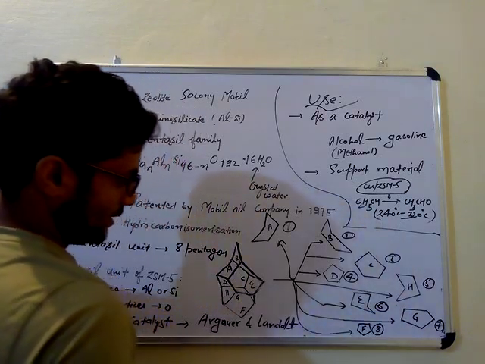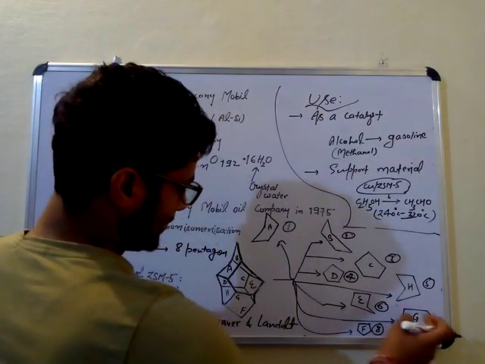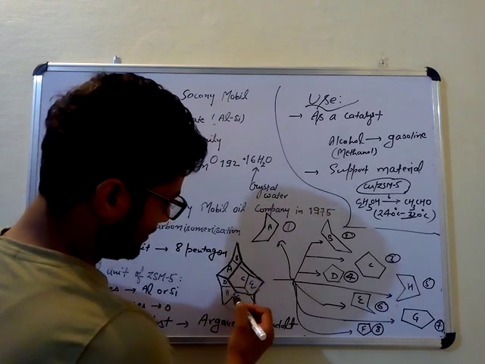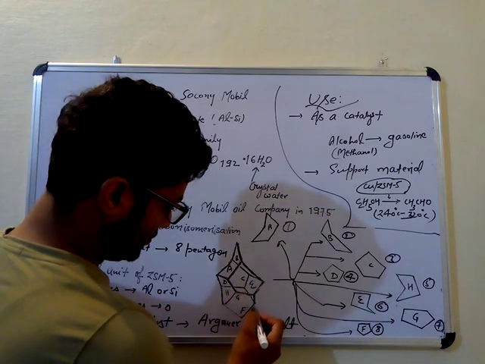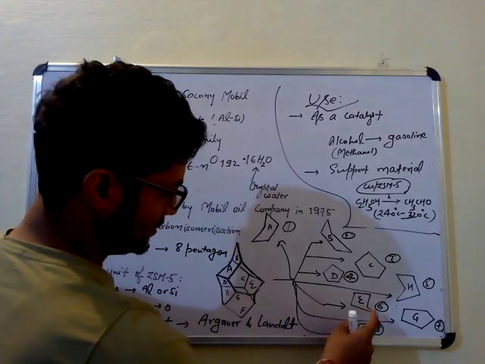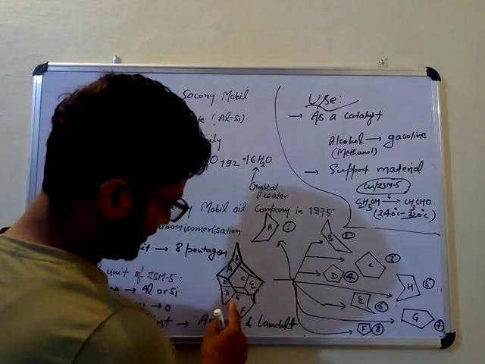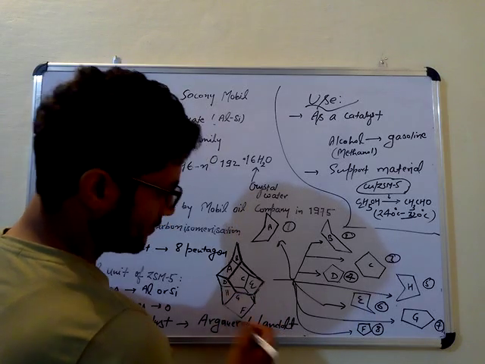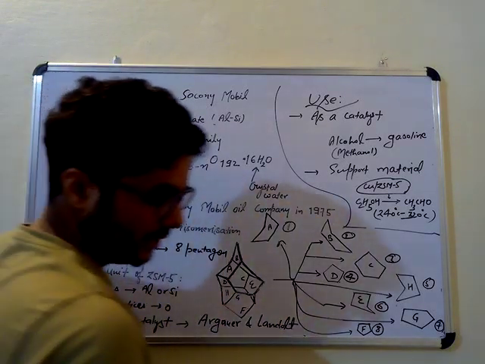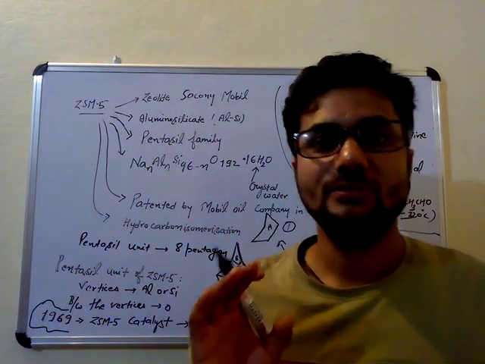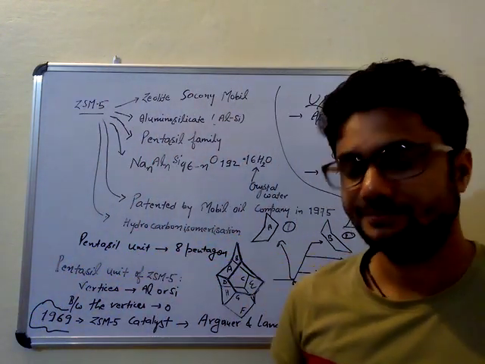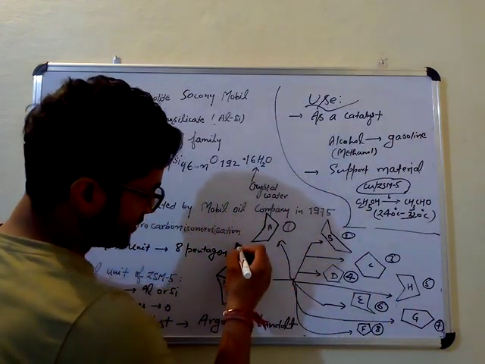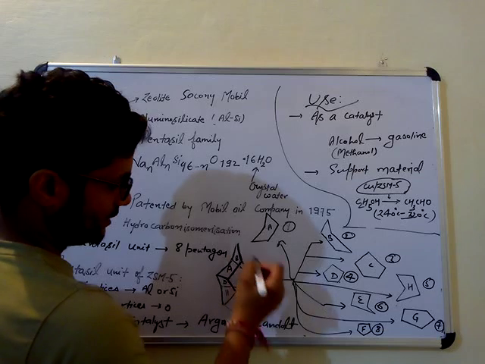Now there is the 7th pentagon, G, which is on the backside of F. G has 1, 2, 3, 4 and 5 sides. There is a front pentagon F: 1, 2, 3, 4 and 5. So there are 8 five-membered rings in one pentasil unit, and you can see the vertices of these pentagons.